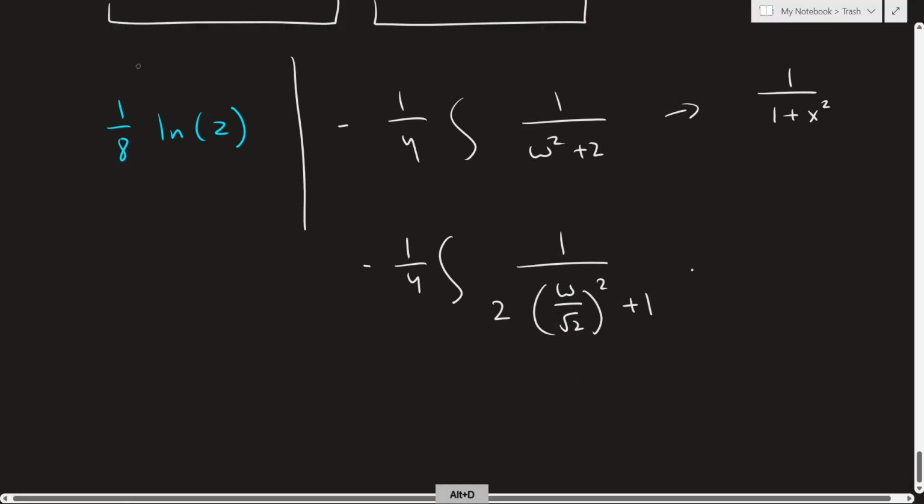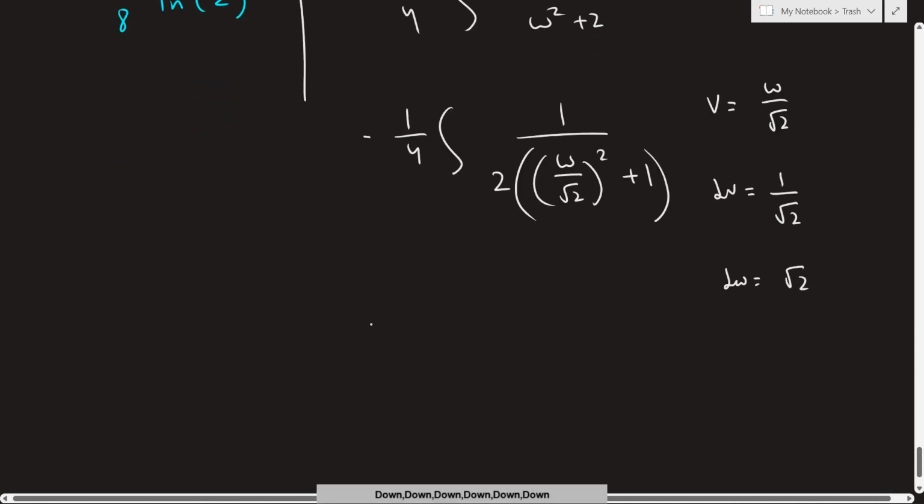Okay, now let's take u, or actually another letter because we already used u. So let's use v as w over radical 2. So dv is equal to 1 over radical 2 dw, so dw is equal to radical 2 dv. We just switch. Okay.